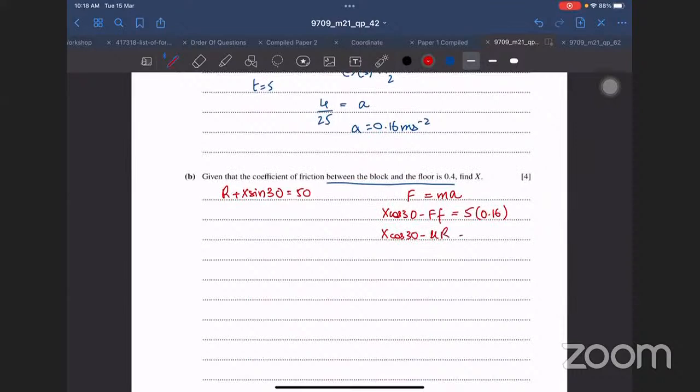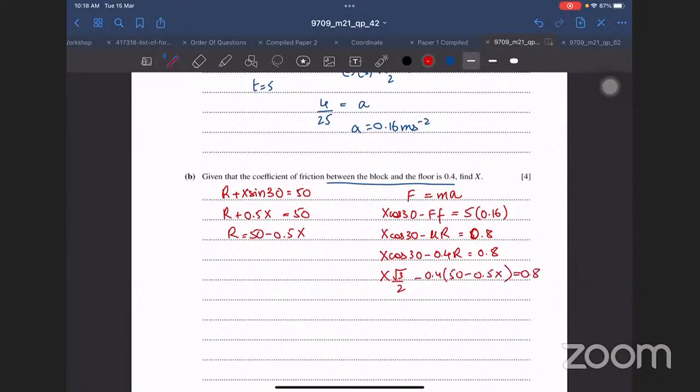Frictional force is written as mu into R. Mu is given as 0.4, so 0.4 and then I have R. Sin 30 is 0.5, so can I replace R with 50 minus 0.5x? Then x cos 30 minus 0.4 times (50 minus 0.5x) is 0.8.